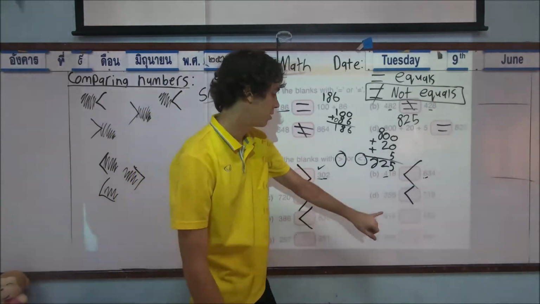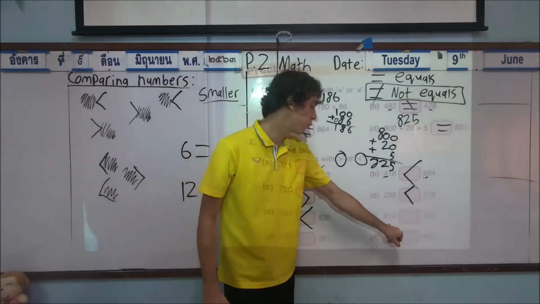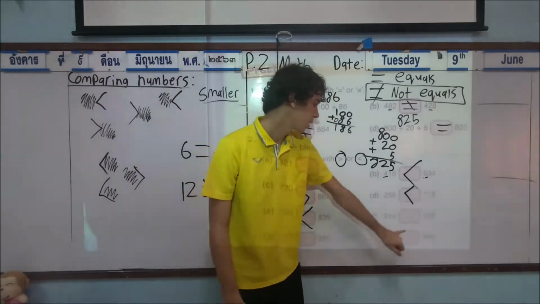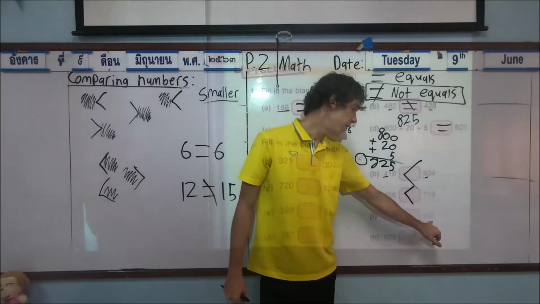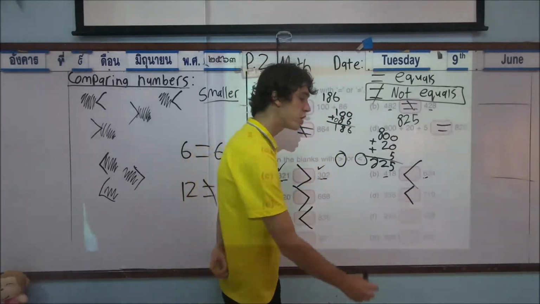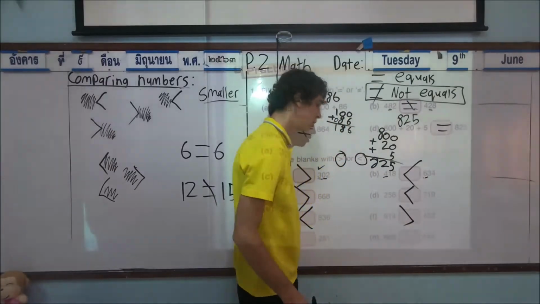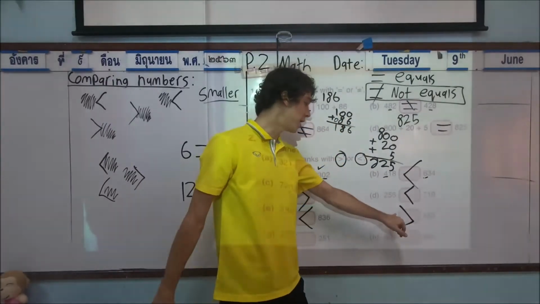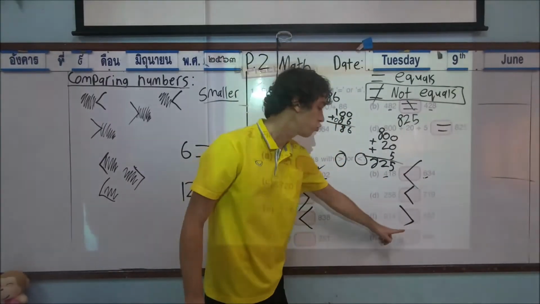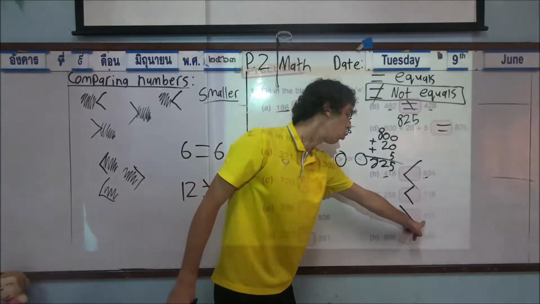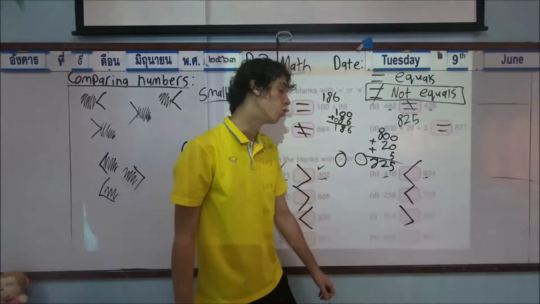Okay, F, 914 and 452. We eat the big number. 914 is greater than 452.